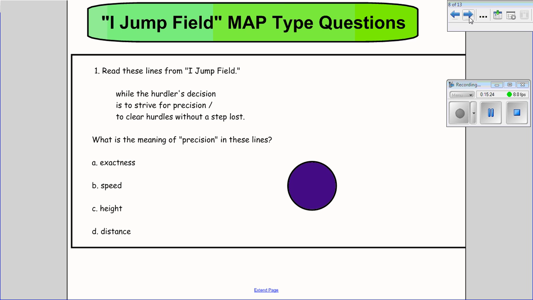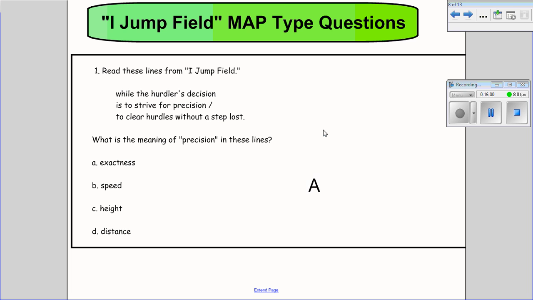All right, so here they're asking us what the word precision means. While the hurdler's decision is to strive for precision to clear hurdles without a step lost. They're talking about clearing the hurdles, so they're not so much concerned with speed, somewhat with height, not distance, but the hurdler needs to be very exact with their decision so that they can clear the hurdle without a lost step.